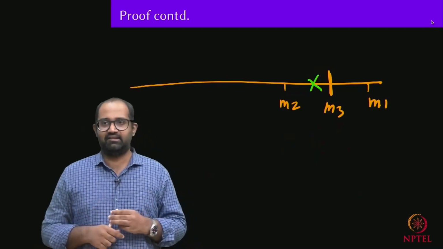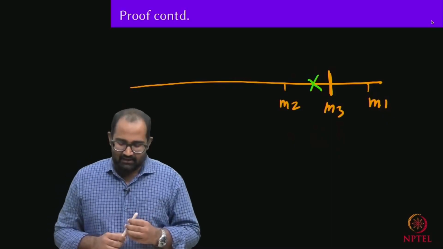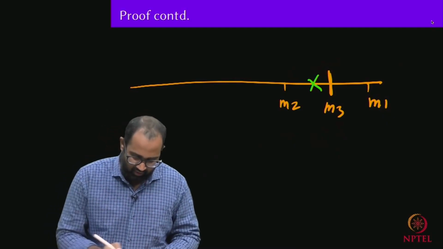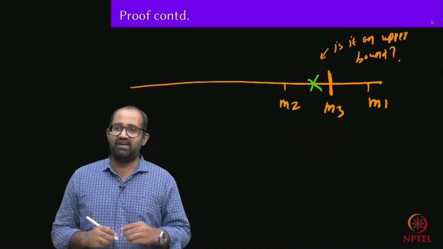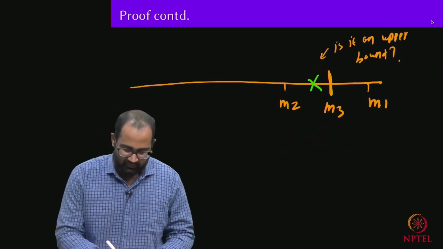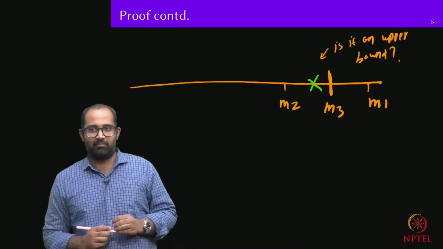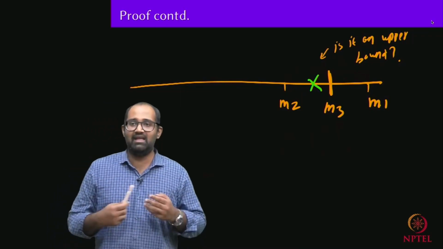Now bisect this interval into 2 and again figure out whether M3 is an upper bound or not. If it is an upper bound, then consider this interval M2, M3. If it's not an upper bound, consider M3, M1. Okay, and keep going like this.